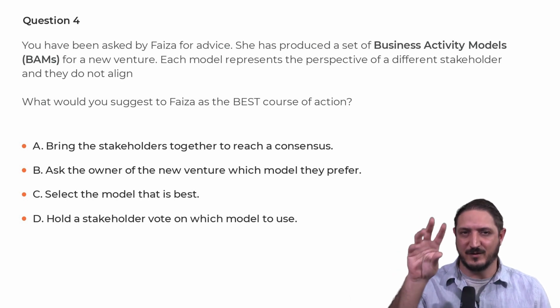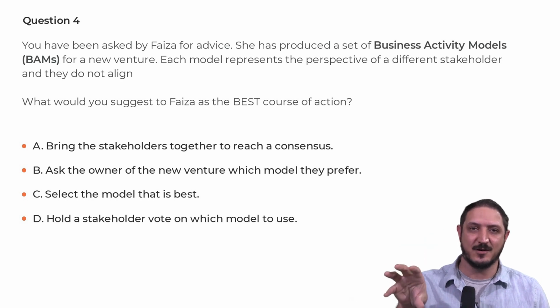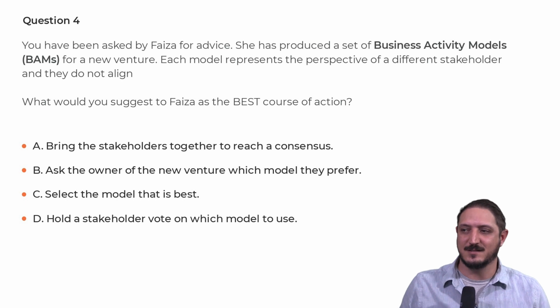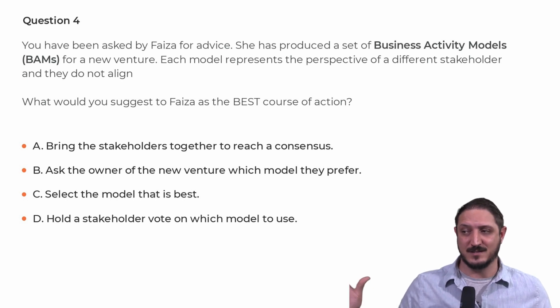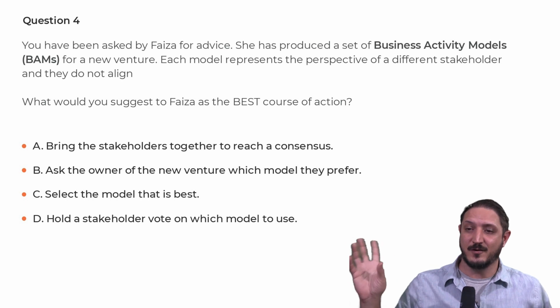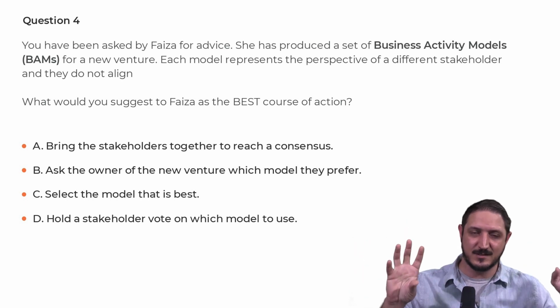And we also have the various categories of what the activities are. They're doing, planning, monitoring activities and such. But we know that in this context, we are looking at various business activity models that have been created from different stakeholders.